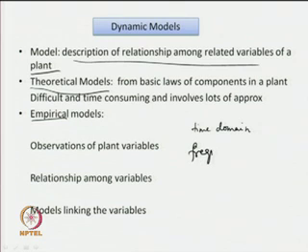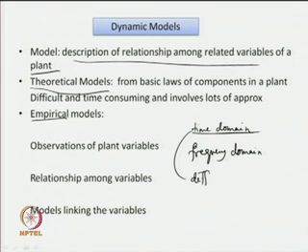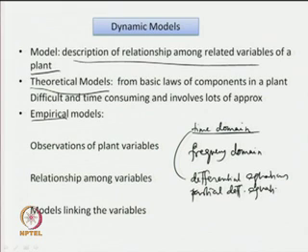When the model is expressed in time domain, generally it is available in the form of differential equations or partial differential equations, depending on the complexity of a process.